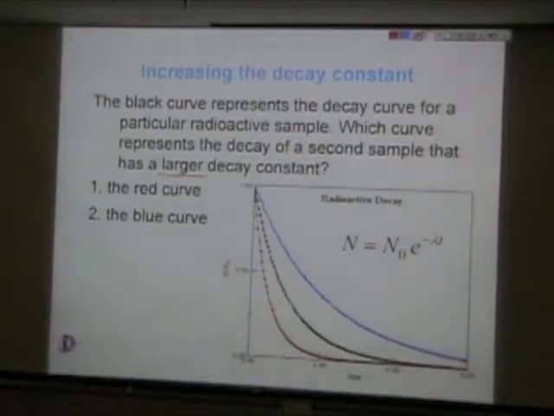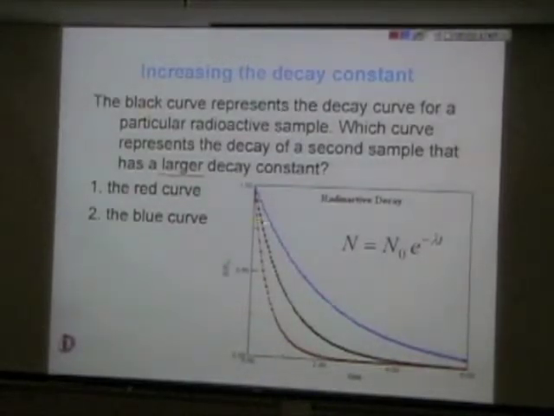Well, let's start from a question. This is the law for radioactive decay, and this Greek letter lambda is called the decay constant. And here we have 3 graphs.